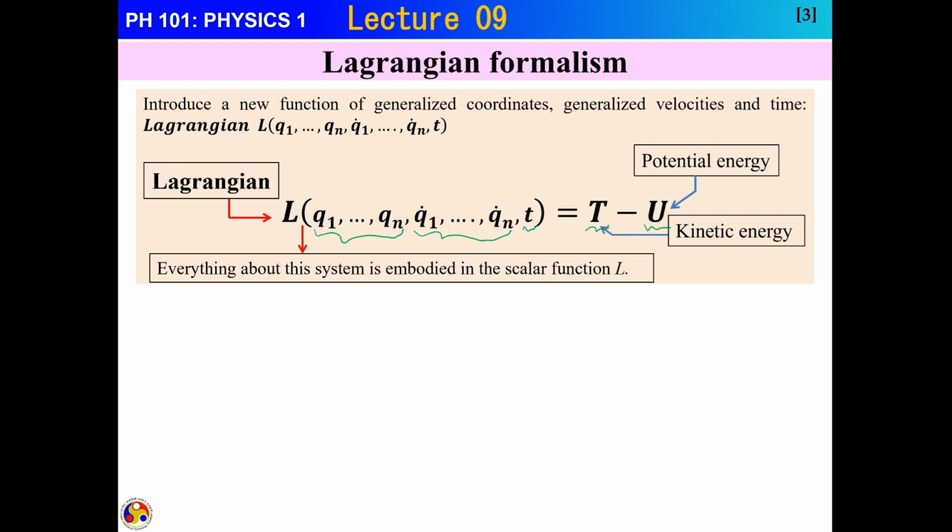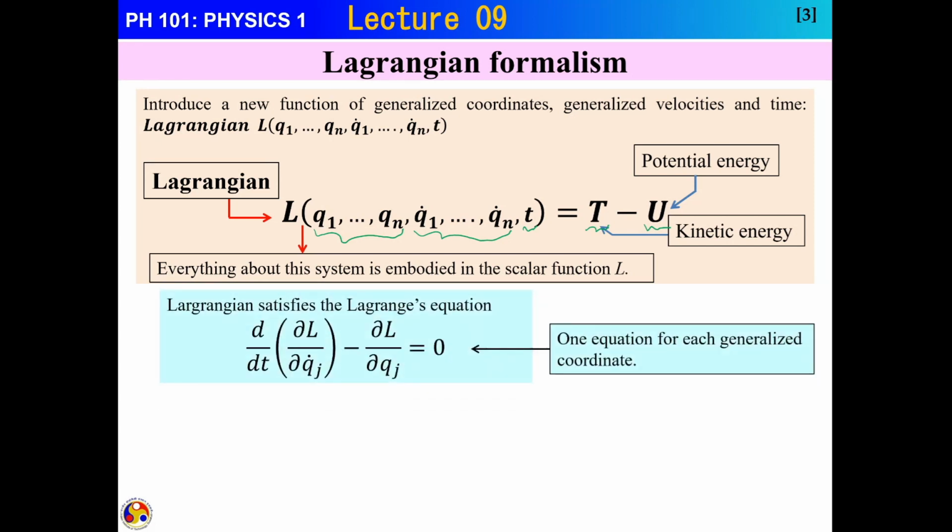So basically, we are explaining the embedded system in a completely scalar function such that you can derive the Lagrange's equation of motion using this particular second order equation. And for every individual generalized coordinate, you have one equation of motion.